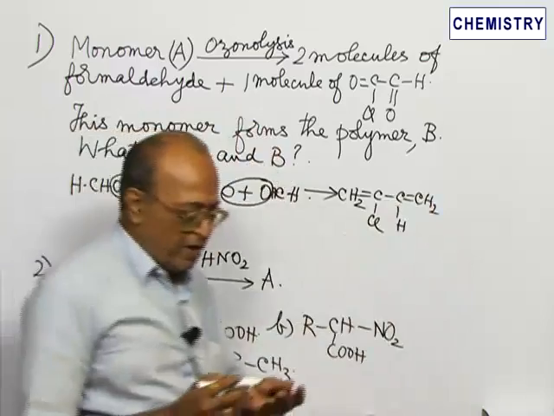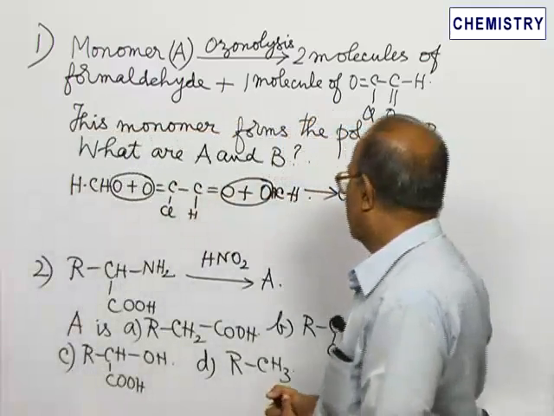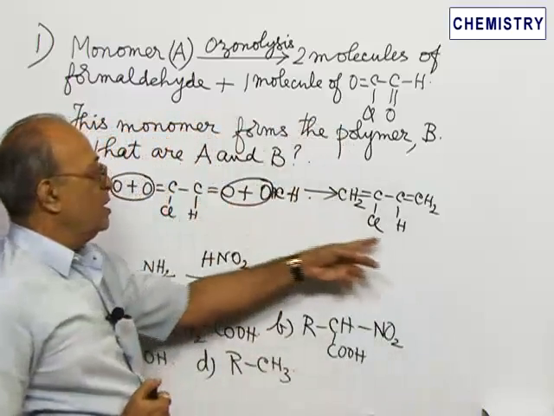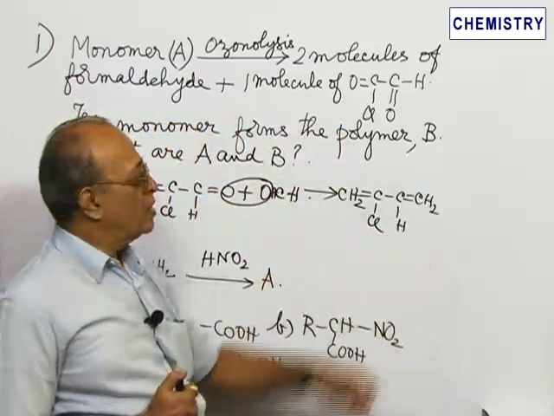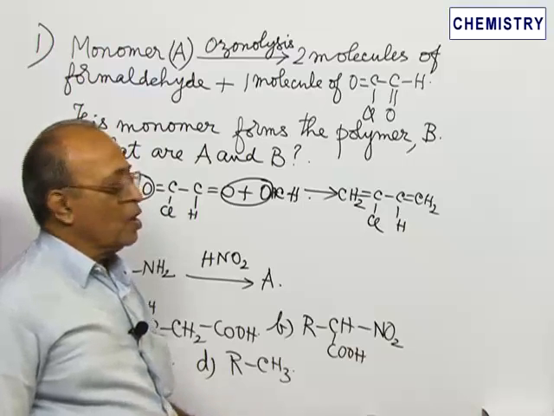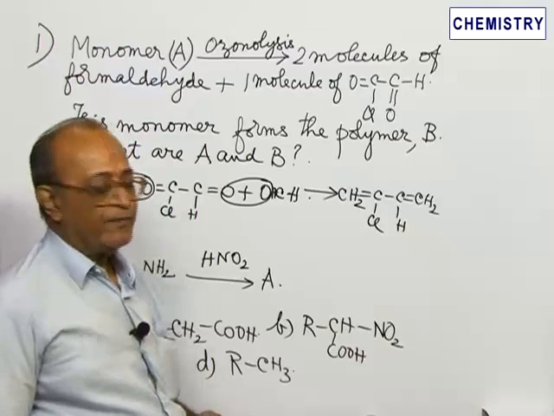This should be the original monomer A. CH2, double bond, CCl, CH, double bond, CH2. Now, I think you know this compound, derivative of butadiene.